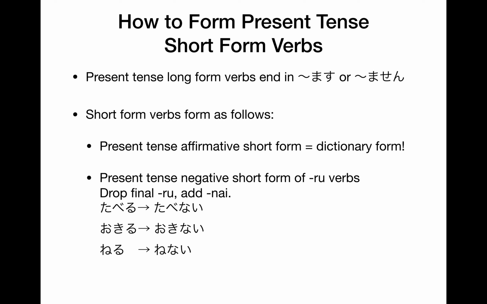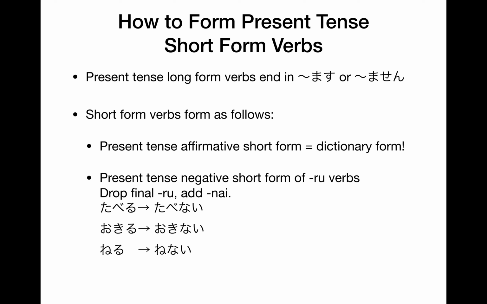Okay, so there are some nice surprises here when it comes to short form verbs, because present tense affirmative short form verbs are just the dictionary form. So if you have been studying from the Genki vocabulary lists, and you have memorized all your new vocab in their dictionary forms, then you already know their short forms.